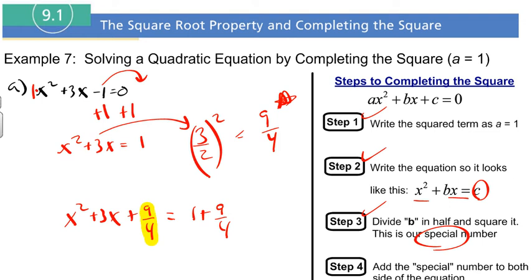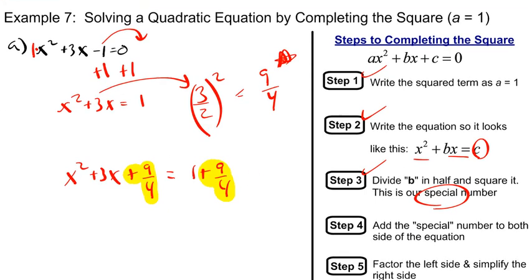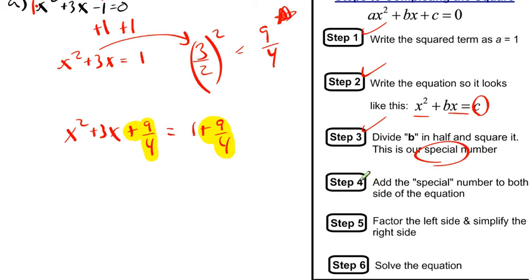I added 9/4 to both sides. See that there? This is what we had in step 3, and then in step 4 we added this special number 9/4 to both sides.